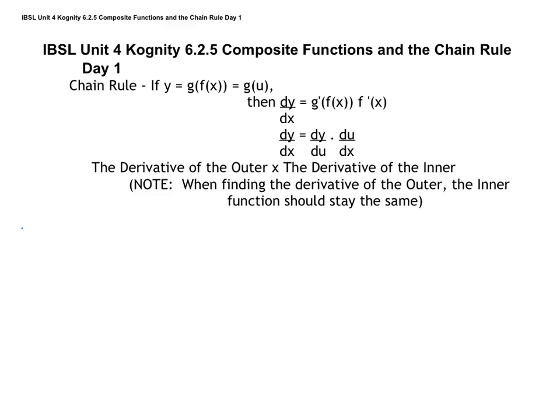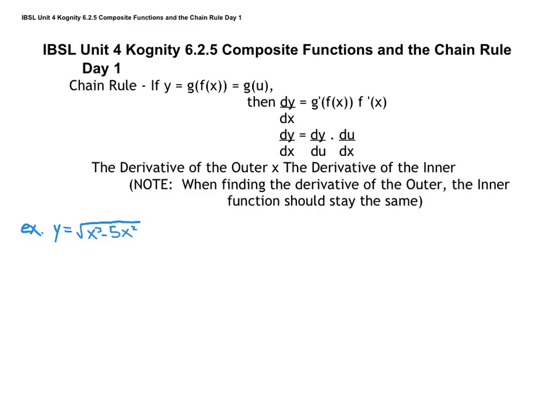Alright, so as an example, let me make it that y equals the square root of x cubed minus 5x squared. Okay? Now, obviously you can see the composite nature of the function here.